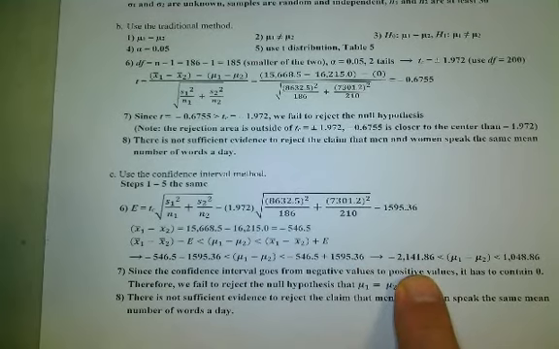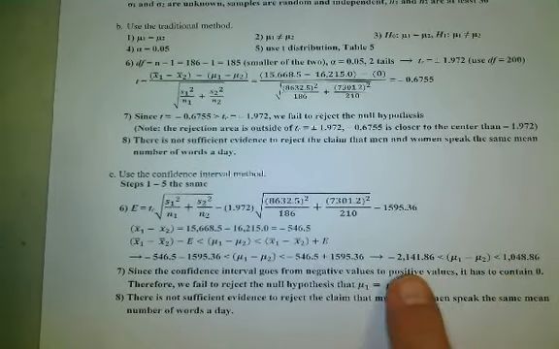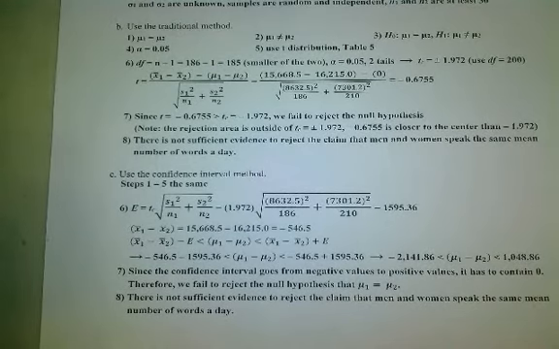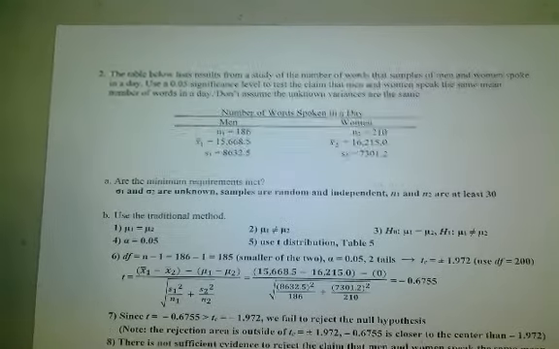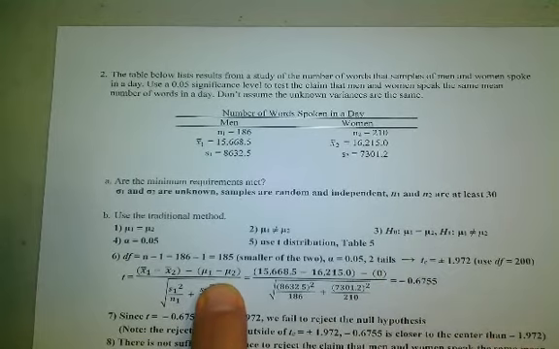And so I go from a negative value to a positive value. Since this goes from negative to positive, 0 has to be in there somewhere. It has to contain 0. And if we go back, my null hypothesis was they were equal. And if they're equal, then when we subtract them from each other, we're going to get 0.